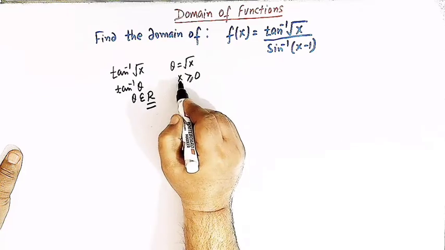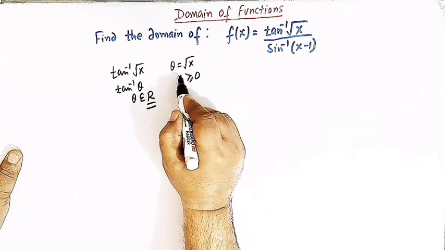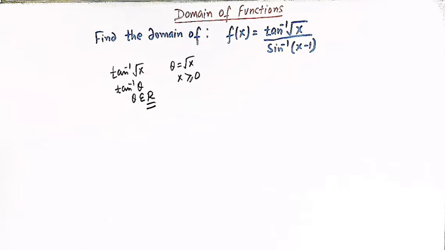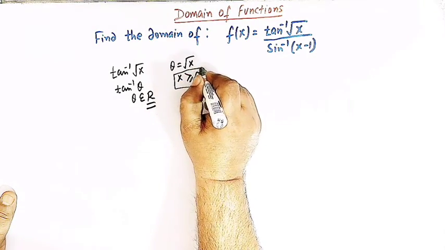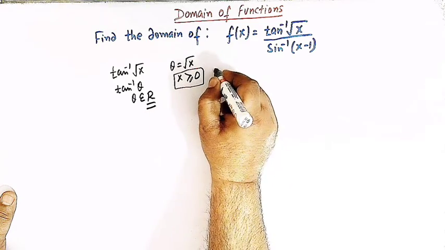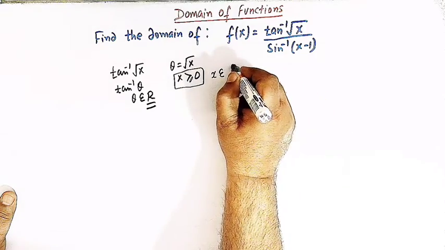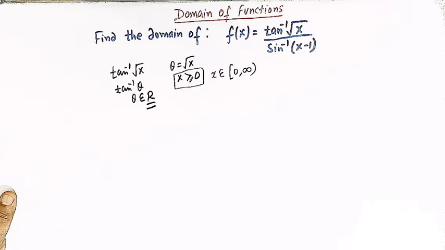So here x can take all the positive real numbers, including x is equal to 0. So the domain of tan inverse square root of x is given by x greater than or equal to 0, which can also be written as x belonging to the set 0 to infinity, right?